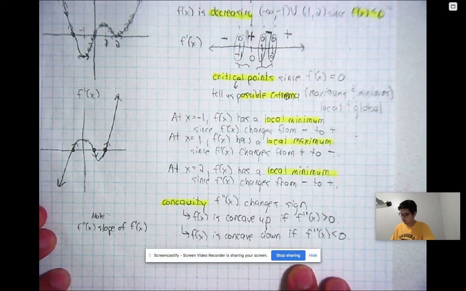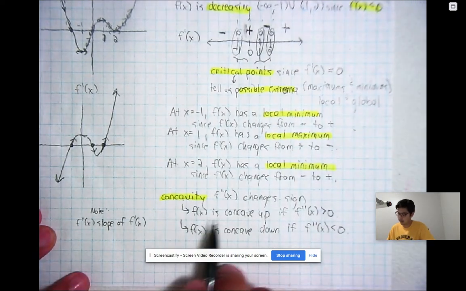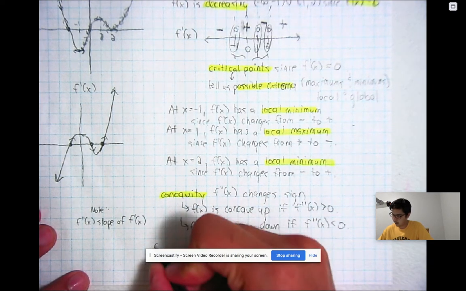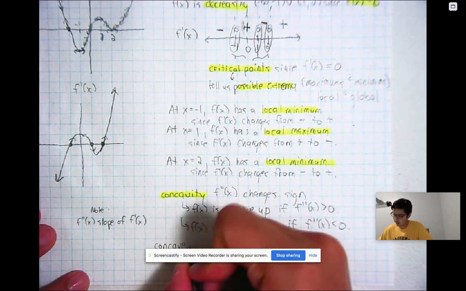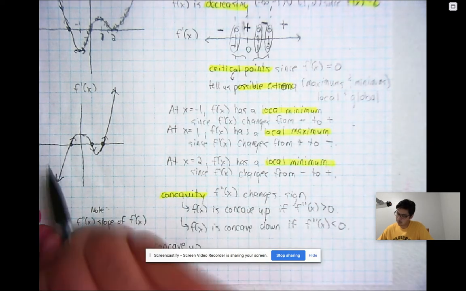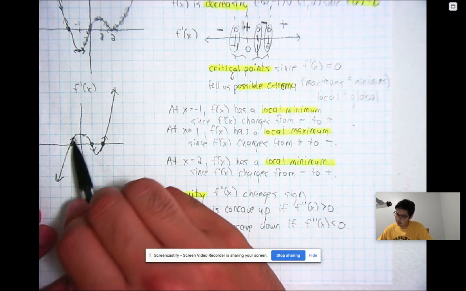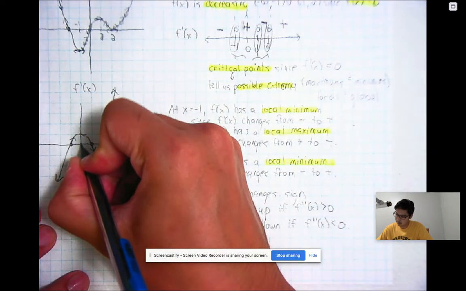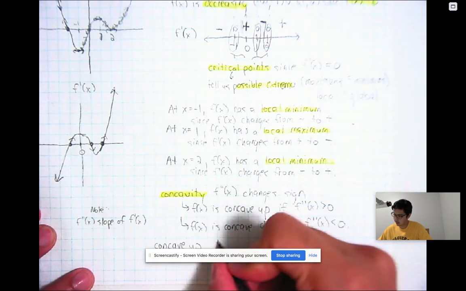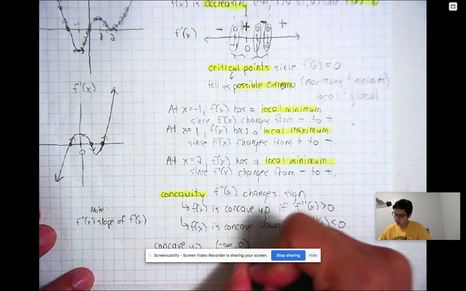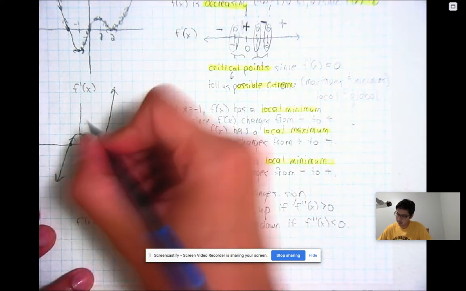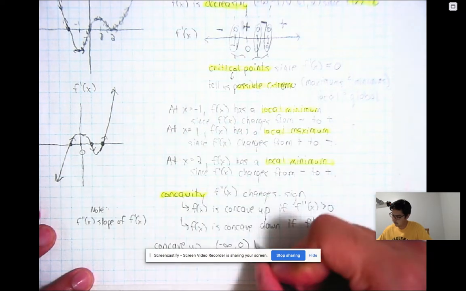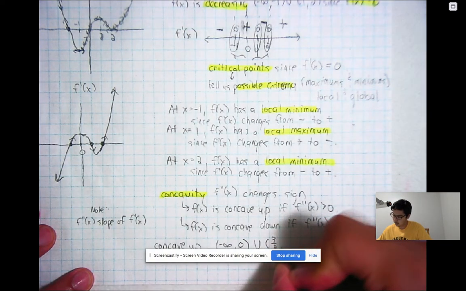Right. So when is this function concave up? So this function is concave up from negative infinity up until 0. So if we mark that as 0, this function is concave up from negative infinity to 0 because the slopes are all positive. And then it's also positive from, that looks like 1.5 to infinity.